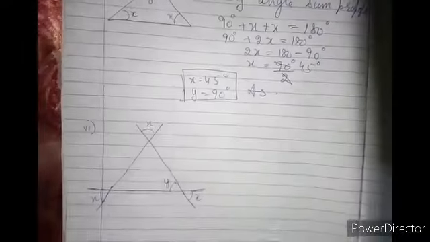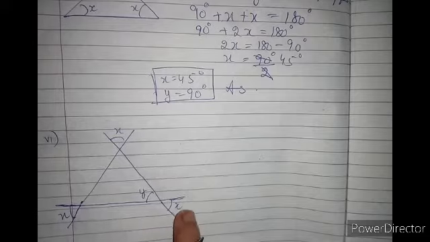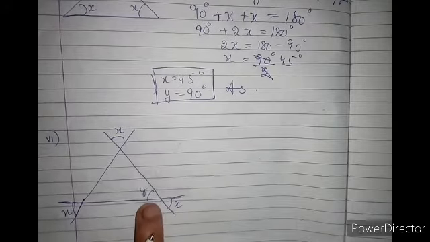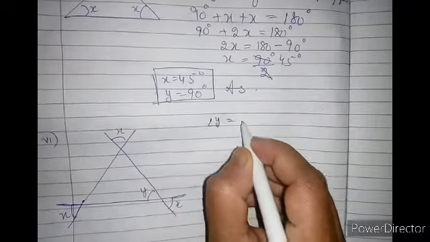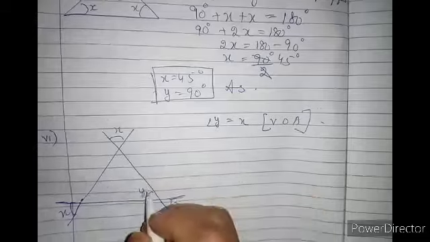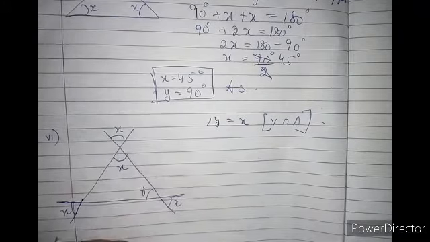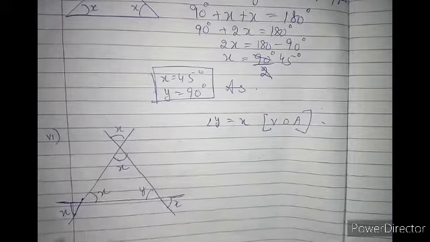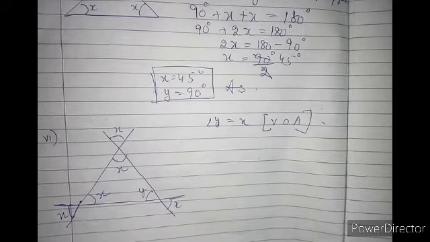Now the last part of this question as well as the exercise. See here, these two angles are vertical opposite. From here we get y is equal to x, because of vertical opposite angles. Now I can say this is equal to x and this is also equal to x because of the vertical opposite angle property.